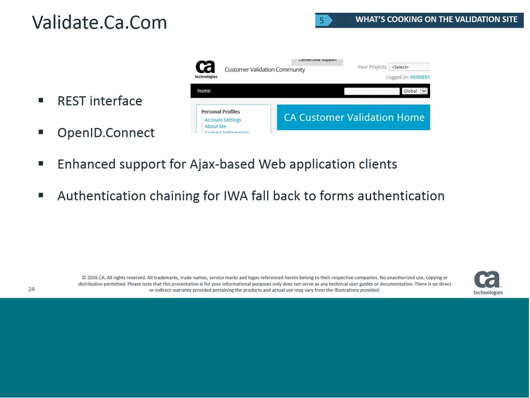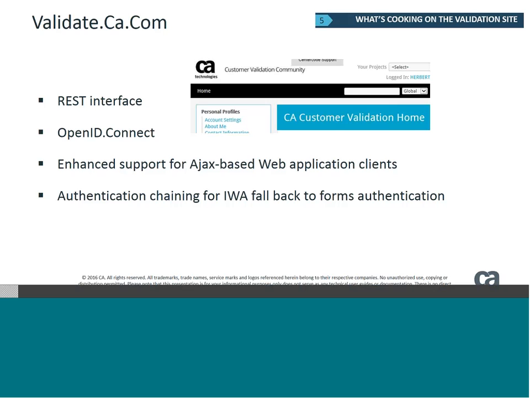So the areas that we are most focused on right now relate to exposing the ability to manage, create, update, and delete objects through a REST interface, and exposing and enabling the use of a federation token type known as OpenID Connect.